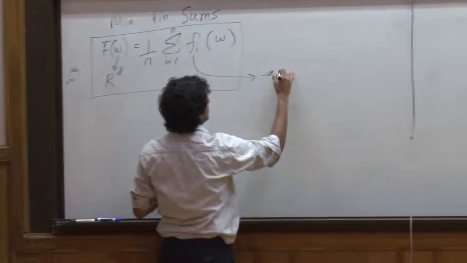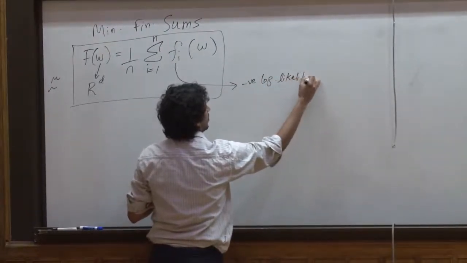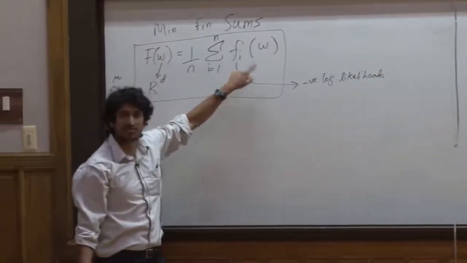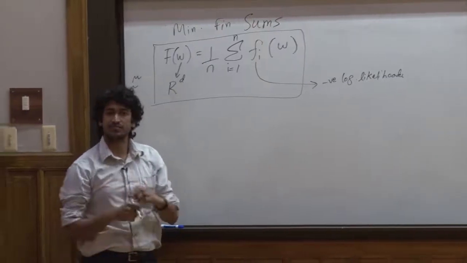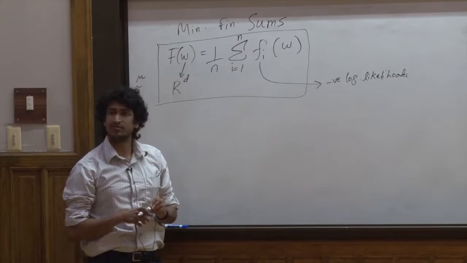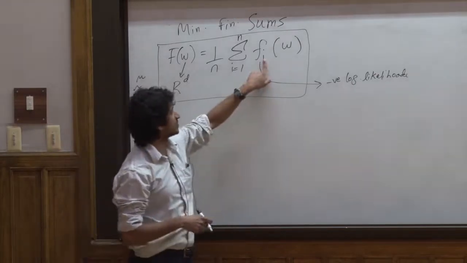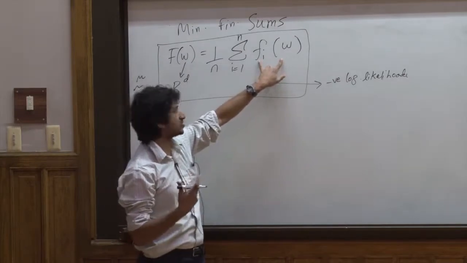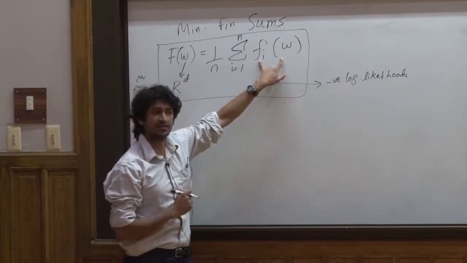So it can be the negative log likelihood. But what is the f_i? Why is there an f_i over there? What would f_i of w stand for? What would that mean? IID samples, sure. So can you give me an explicit example of this? Say, if I was using the squared loss, what would f_i of w mean?